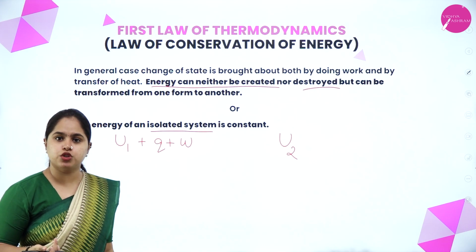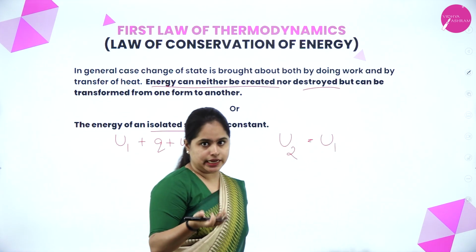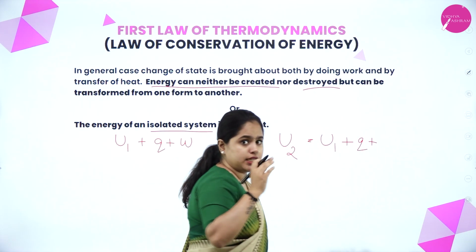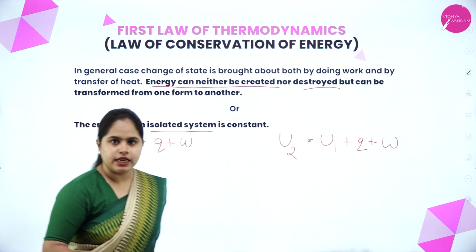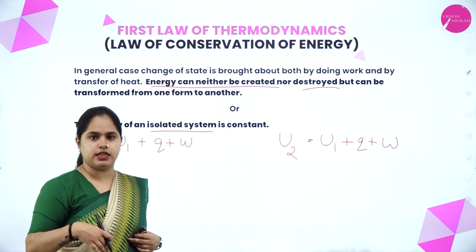This U2 will be equal to the initial internal energy, plus the heat that is being transferred and the work that is being done. That is the final internal energy.